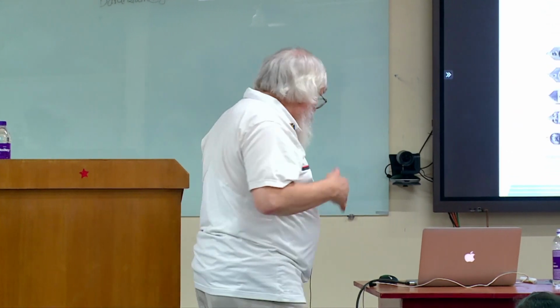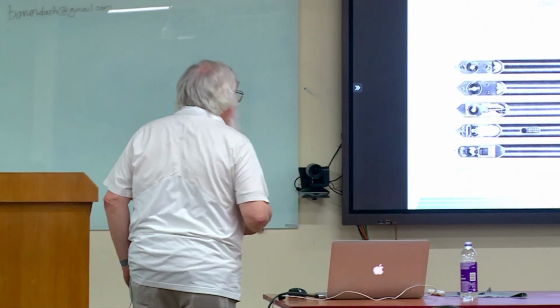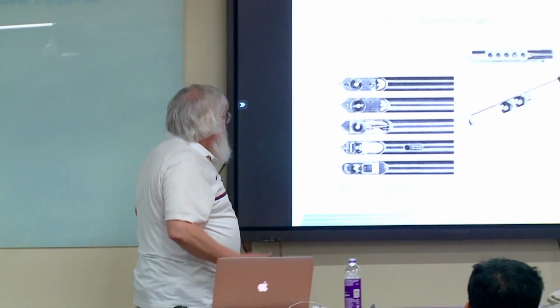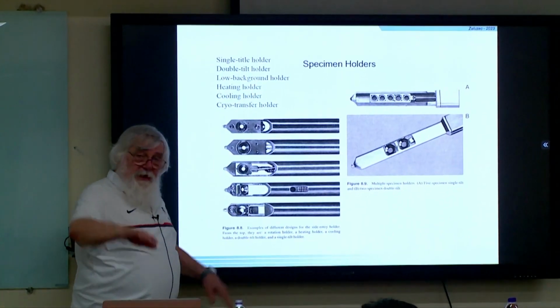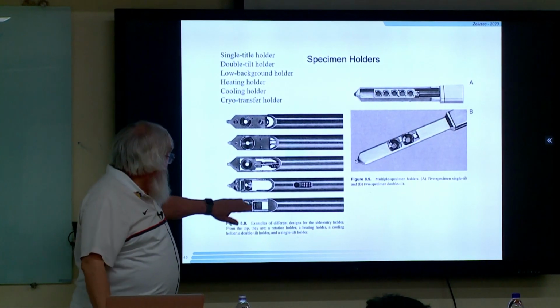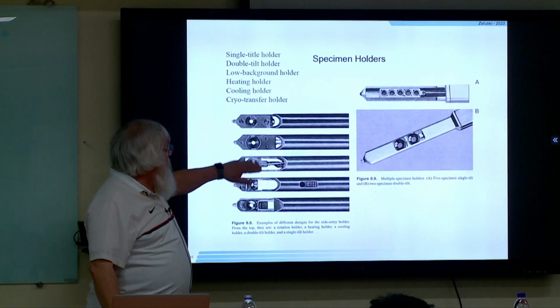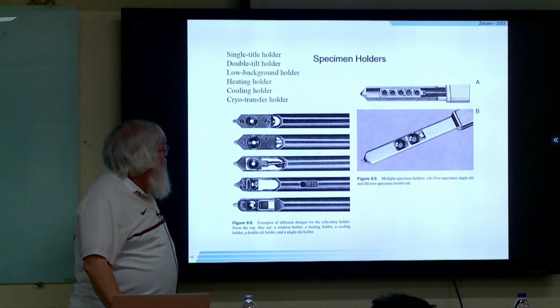Okay? There are a whole variety of different holders depending on which kind of microscope you have. Some holders are single tilt, only tilt one way. Some are double tilt, so they allow you to tilt one and then a second. Other ones do heating, cooling, or whatever.